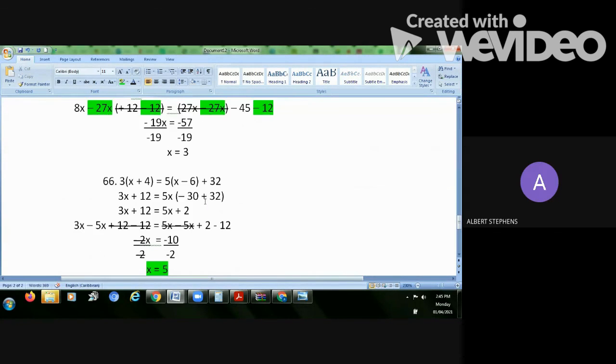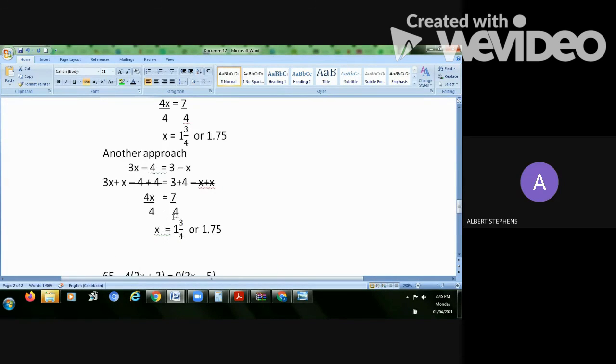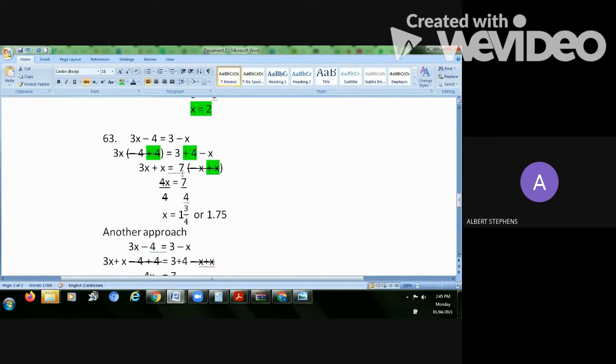Notice that in all the questions we have been getting rid of the x on the right so that it goes on the left. Look at it. This is 27x, so we subtract 27x on the left. You notice we always get rid of the x on the right hand side.